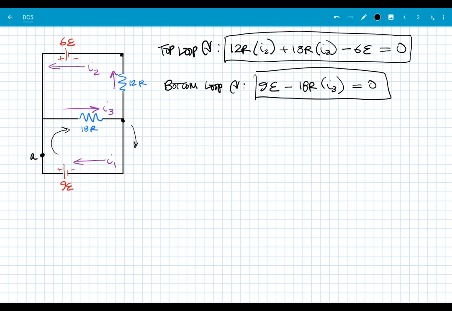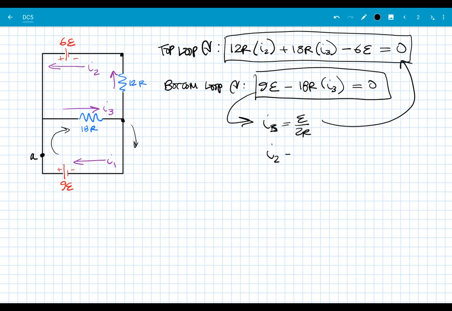In fact, look at this bottom equation. It's really super simple, and you see that you can solve for I3. Whoops, I3. That's a 3. Straight from that bottom equation you get E over 2R, and you already have that current. Once you have I3, you can pop that into your top equation and solve for I2.